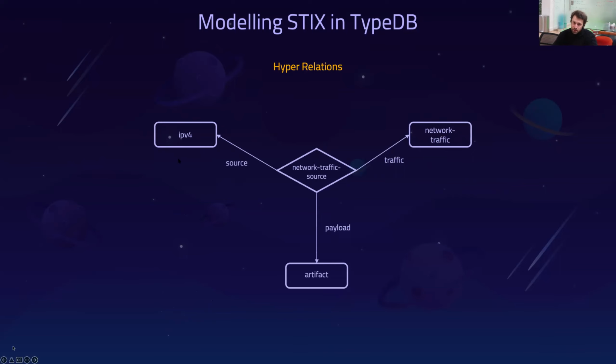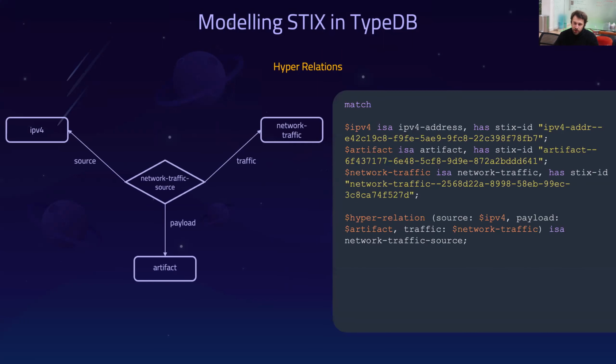It's coming from an IPv4. Now, we can't really have hyperrelations in a binary graph, because the whole idea of a hyperrelation is that instead of thinking of a relation as a pair of things, we consider that to be a set of things. So n number of things, in this case 3, that play different roles in one relation.